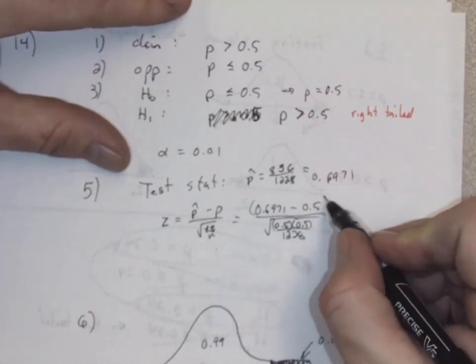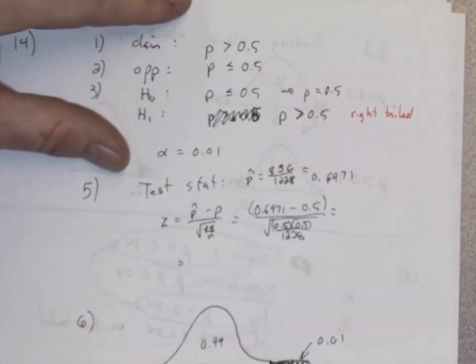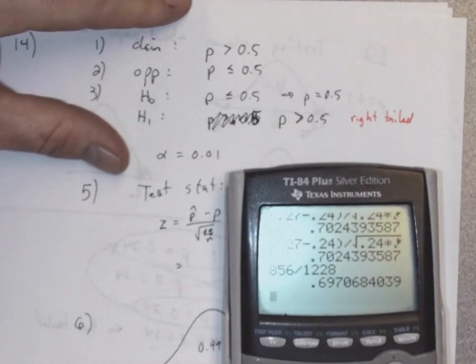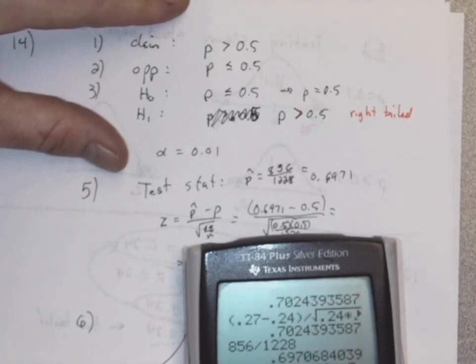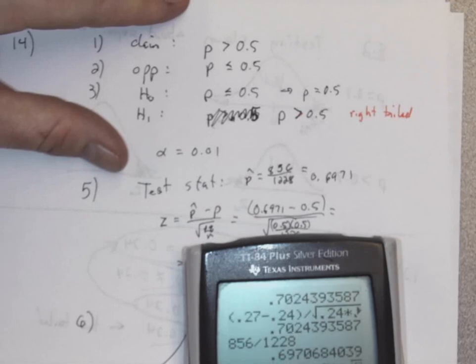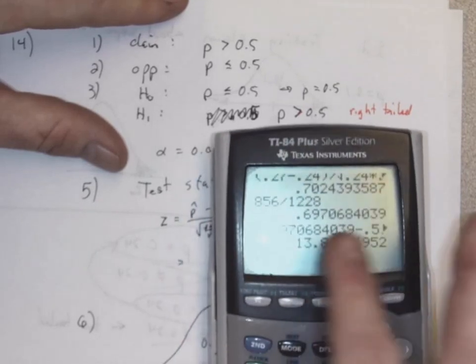Not forgetting to put parentheses around that. Let's grab that number, minus 0.5, divided by the square root of 0.5 times 0.5 divided by 1228. So what I get is 13.81.